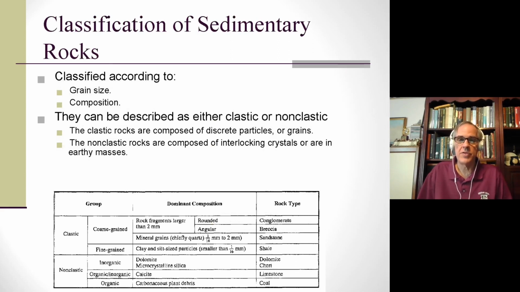Most of what you see in this area is largely limestone, which is non-clastic. And so I spent an inordinate amount of time on those, because if you do the lab for this course, then you will encounter those.